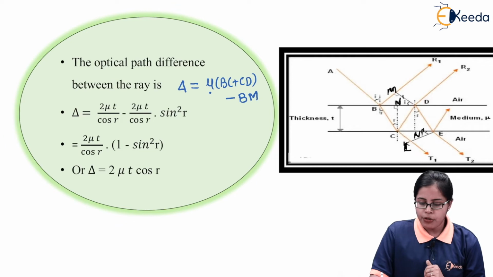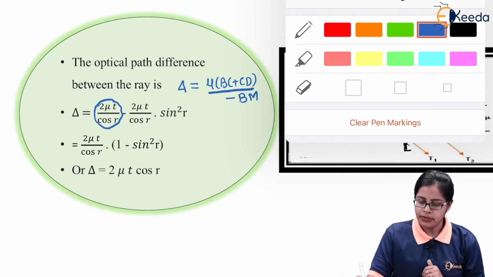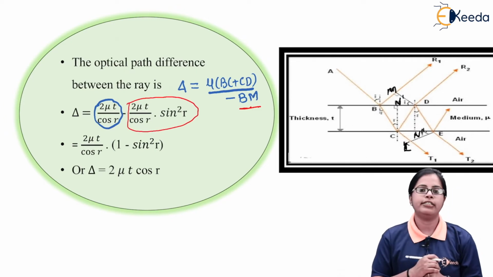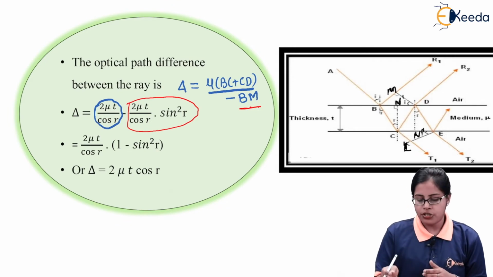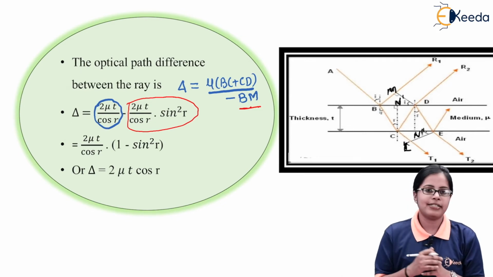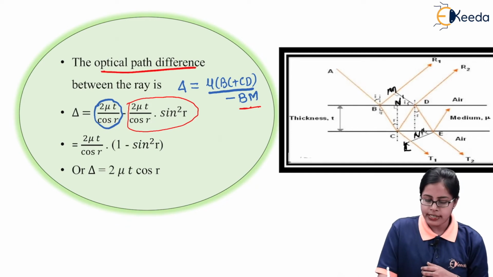Instead of mu into BC plus CD, we are writing 2 mu t by cos r, and instead of BM, we are writing 2 mu t by cos r into sine square r. So delta is equal to this term minus this term, because we are calculating the optical path difference, that is delta.